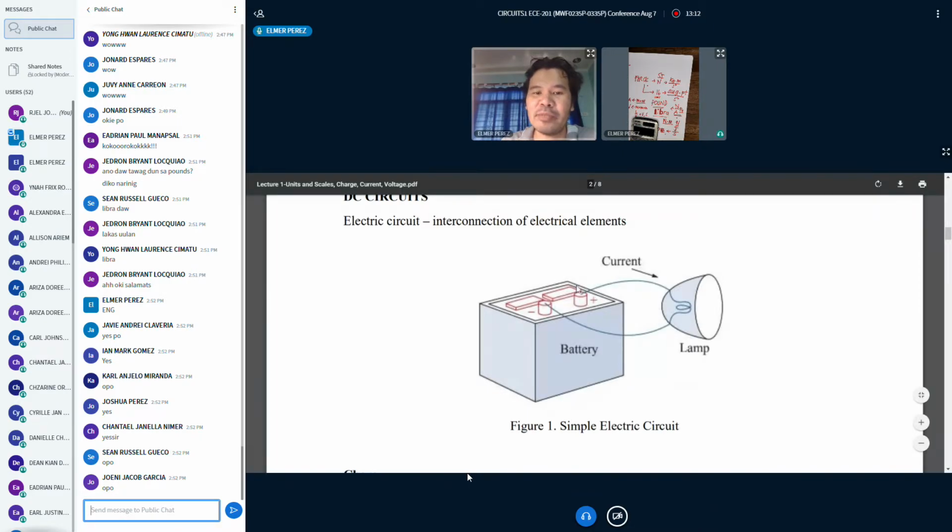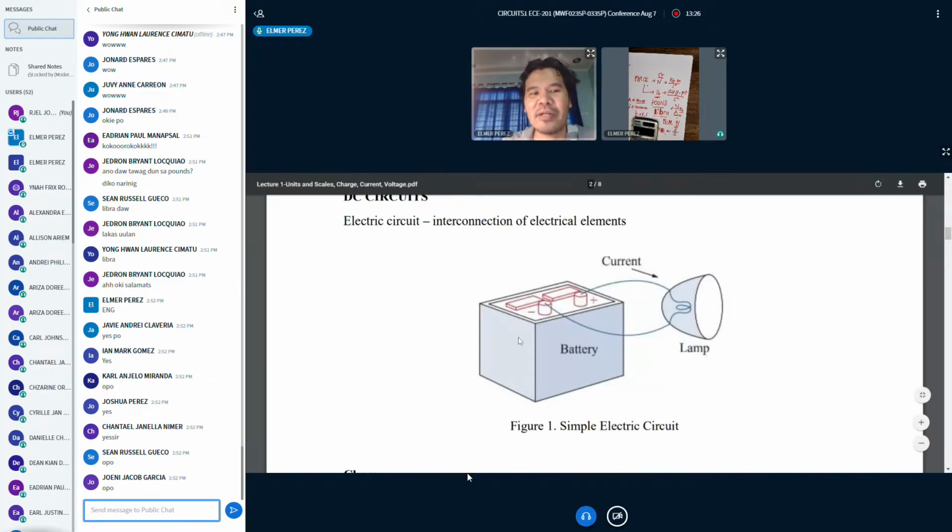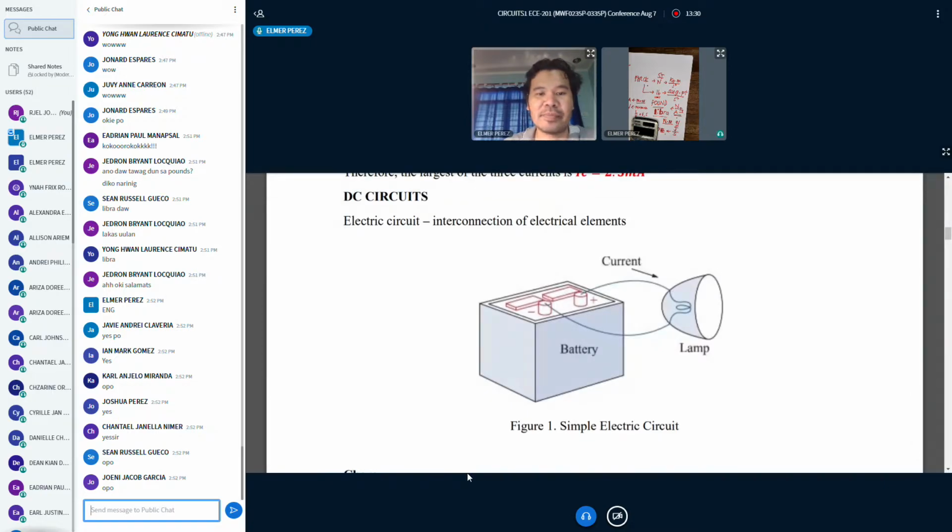If current will flow, meron siyang loop na masusundan, from the positive terminal going back to its negative terminal of the battery. If the current will flow, that means it's considered an electrical circuit. Siyempre, electric kasi meron element na electricity.